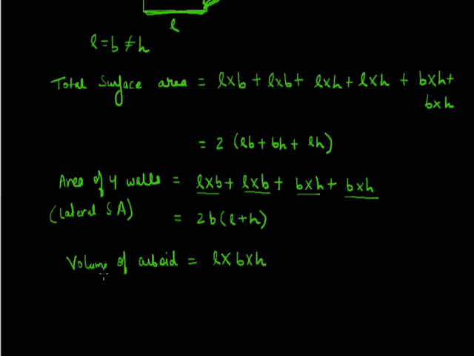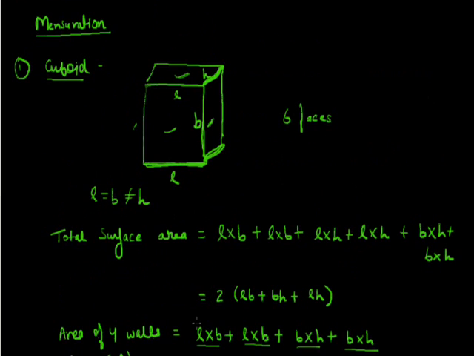The most important thing is also to find the diagonal of a cuboid or diagonal of a room. Whenever we need to find the diagonal of a room, we need to find the diagonal which starts from this end and ends at this point.